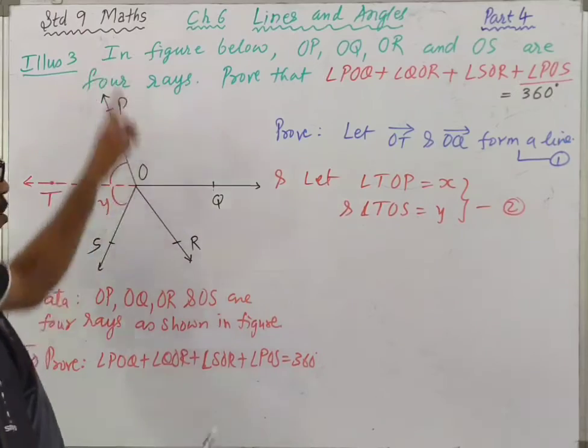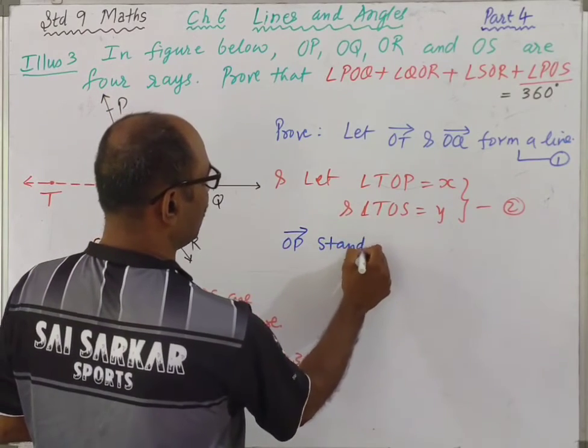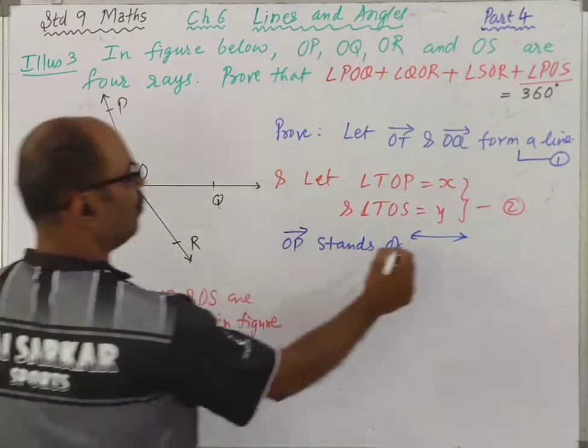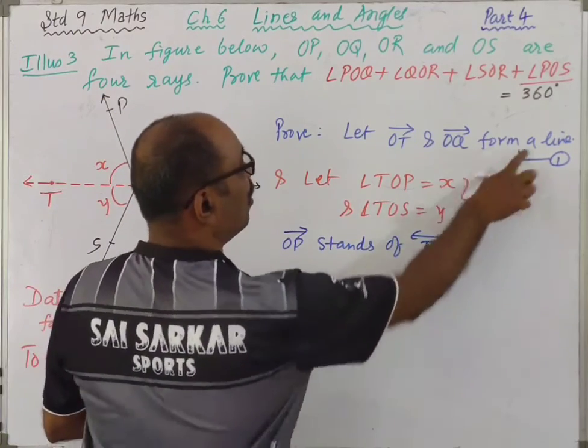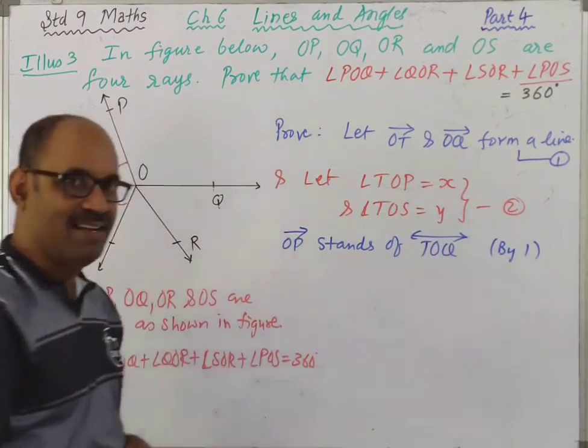Now I'll take ray OP. Ray OP stands on line TOQ. Why? By 1, because these are opposite rays forming a line.